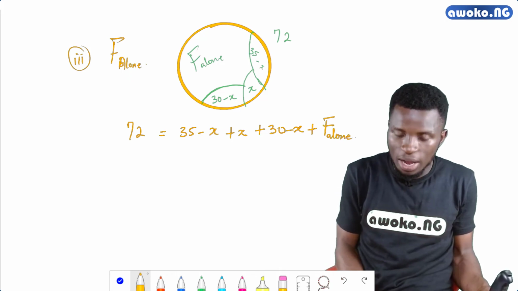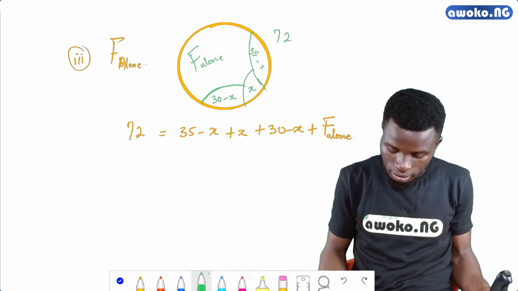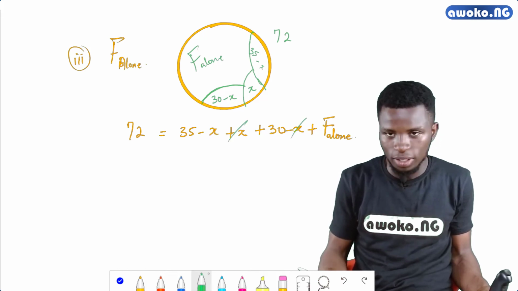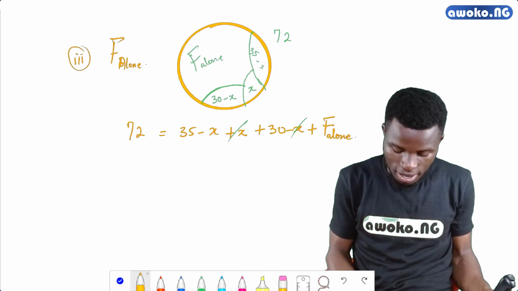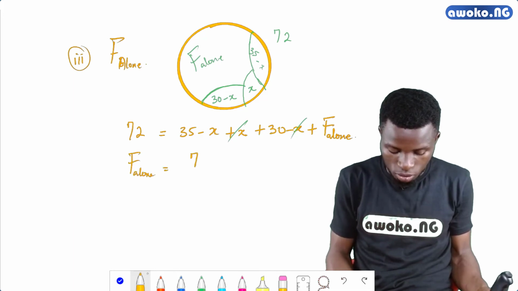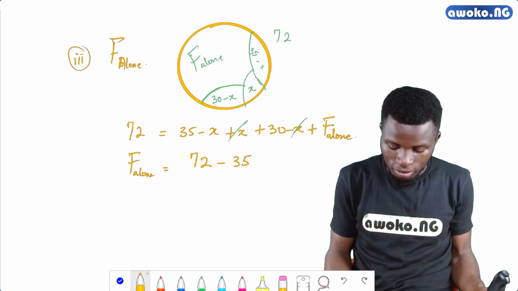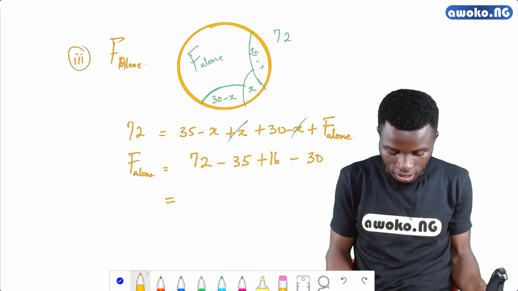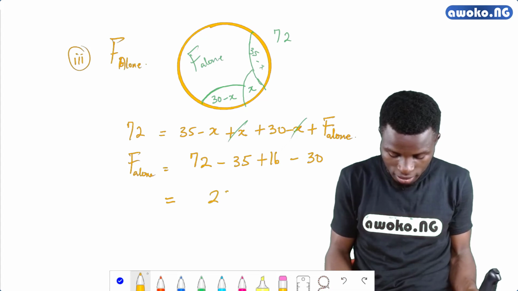And if you do the arithmetic, you realize that these will cancel out one of these. So we are left with F alone is equal to 72 minus 35 plus 16, then minus 30. This gives us 23 customers.